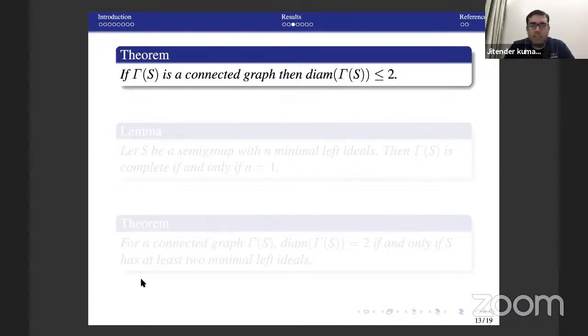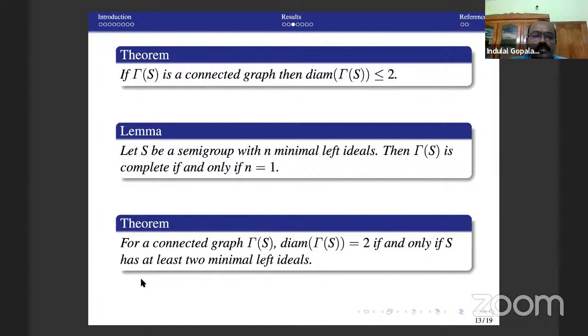Yes, in the sense of graphs, that class is of course restricted, because if I take any two vertices, we get a path just by joining with one more vertex in between. But on the semigroup side, if I have this kind of diameter, we could classify our semigroups.